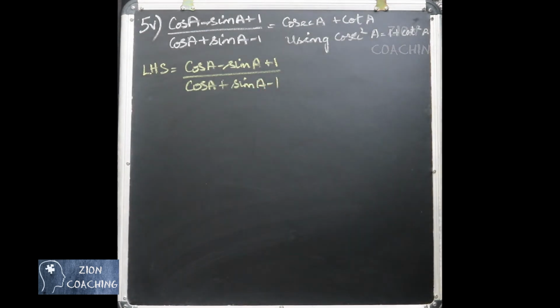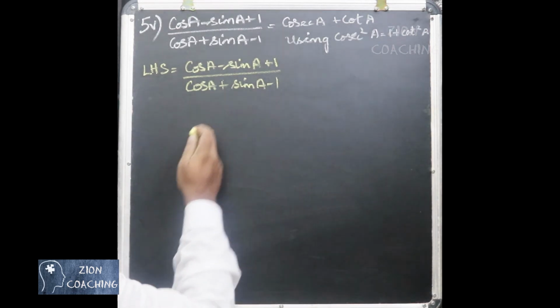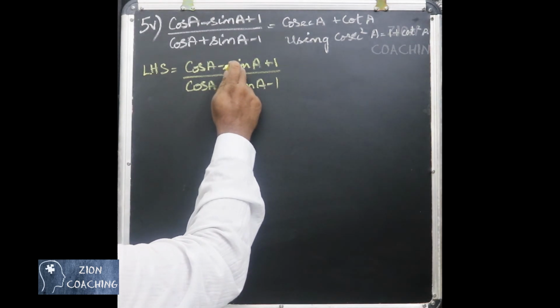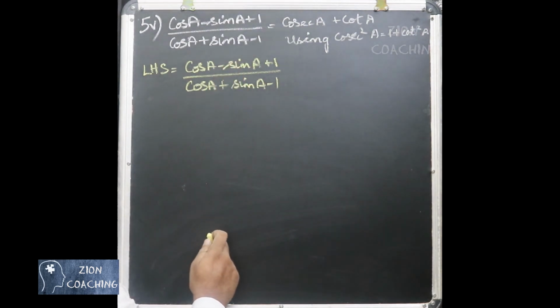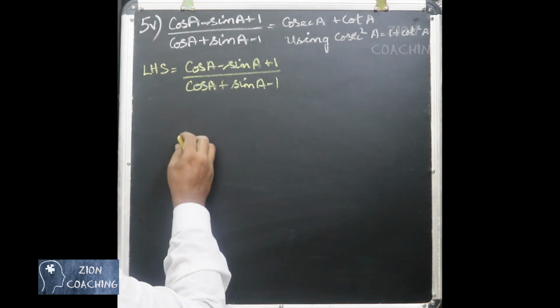They are asking us to solve using the identity cosecant squared A is equal to 1 plus cot squared A. So to use that identity, we are going to convert this in terms of cosecant and cot. For that, what we are going to do is, you know that cosecant is inverse of sine. So we are going to divide the numerator and the denominator by sine.